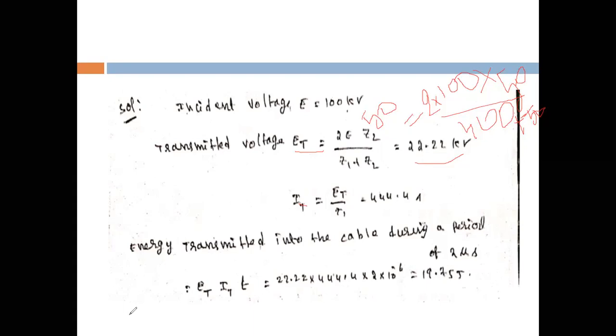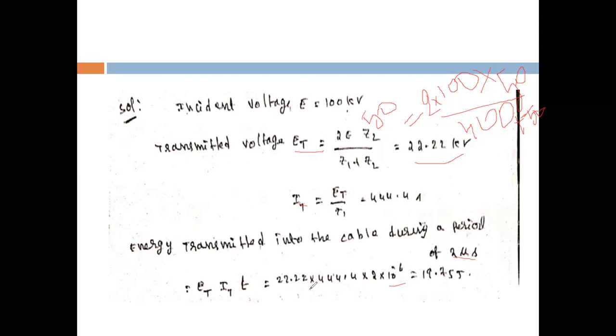Therefore the energy is ET into IT into T, where ET is the transmitted voltage, IT is the transmitted current, and T is the time, equal to 2 microseconds. Micro is 10 power minus 6, so T is 2 into 10 power minus 6.